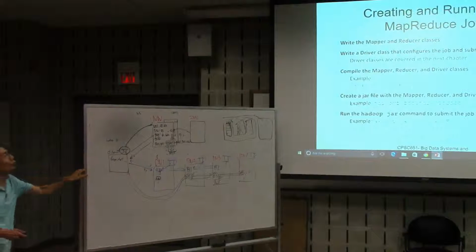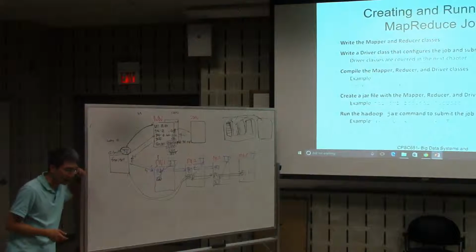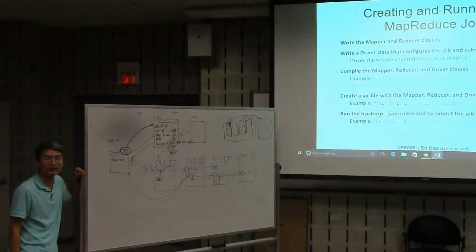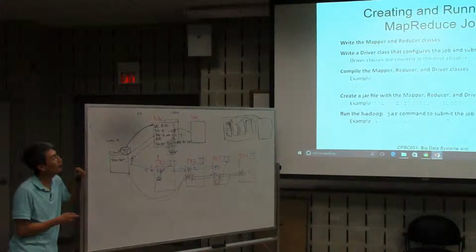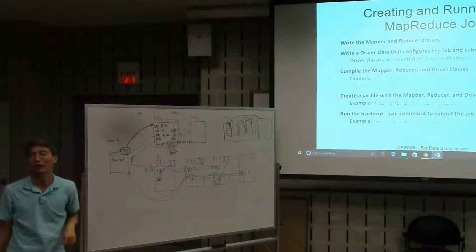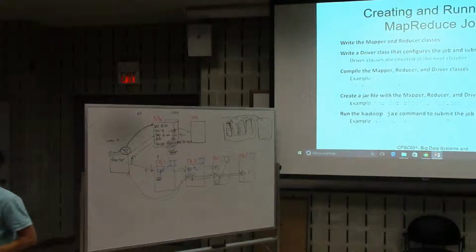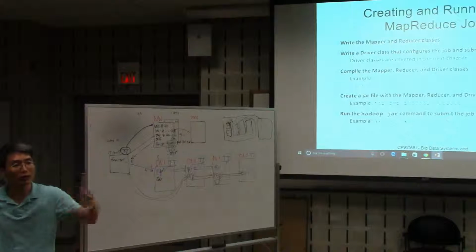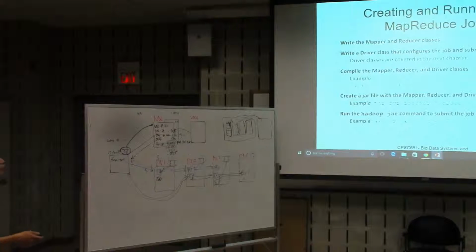So how can you create and run a MapReduce job? You need to use Java programming. After coding, compile using javac, then make the jar file. What is a jar file? It's a Java archive file, like a zip file, so you can combine all class files into one.